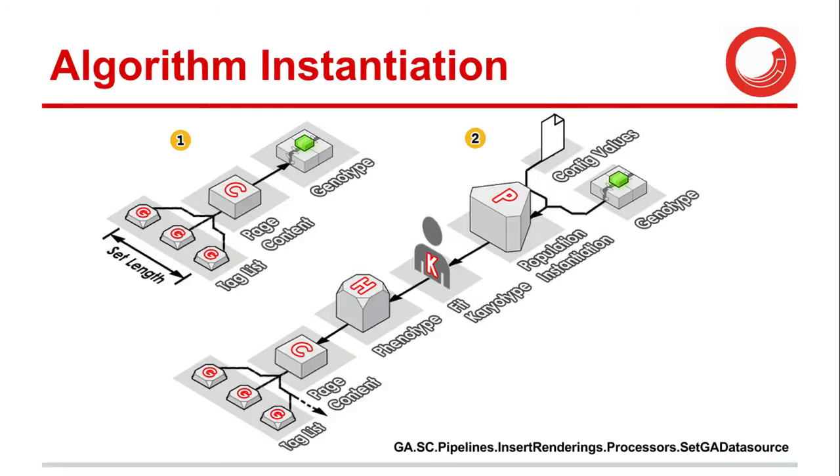Now that it has the genotype, so it knows the length of the chromosome and what to make it up of, it takes config values in step 2, and feeds that into the population. The population then gives you your fit karyotype, which has a phenotype, which has the page content chromosome, and then it provides you the list of tags that you can use to set the data sources with.